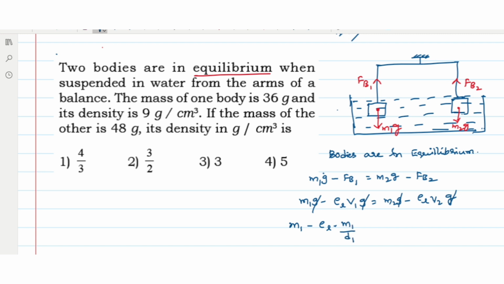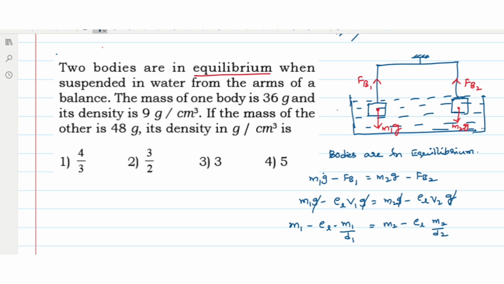Let us assume the first body's density is d1, which is equivalent to m2 minus density of the liquid into volume of the second body, which is mass of the second body by density of the second body.